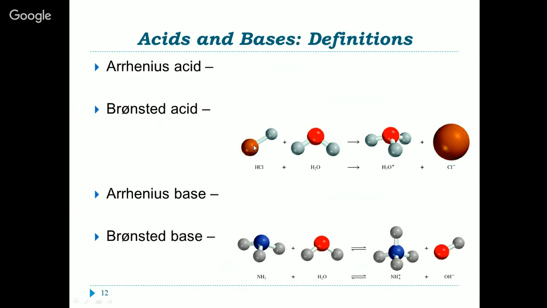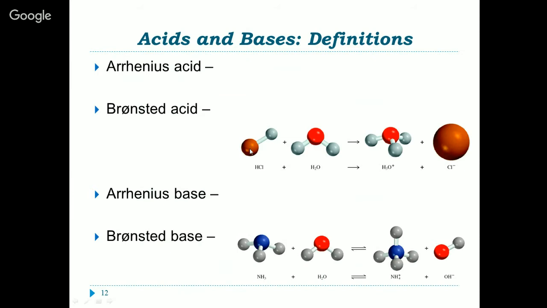So for example, hydrochloric acid plus water yields, this is called the hydronium ion, plus the chloride ion. So what happened here? The hydronium ion is actually a hydrated proton. If I take H+ plus H2O, I end up with H3O+. So here's my proton that's just been hydrated with water. So HCl to water.